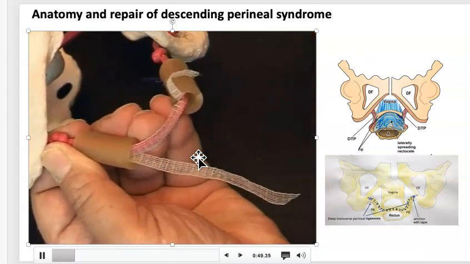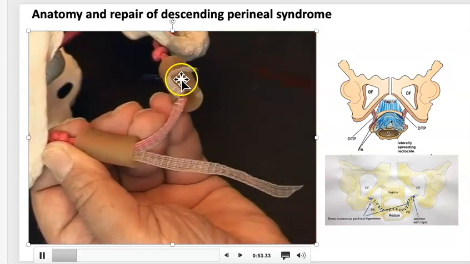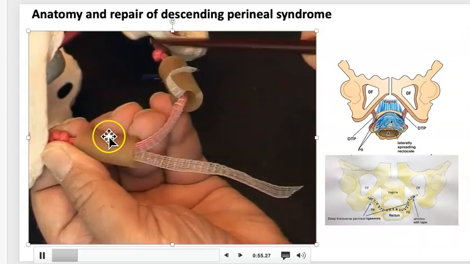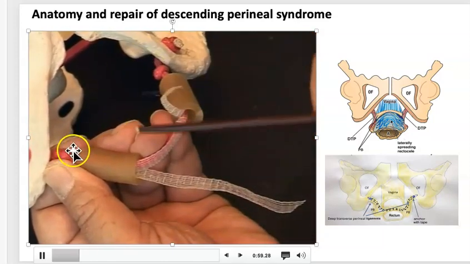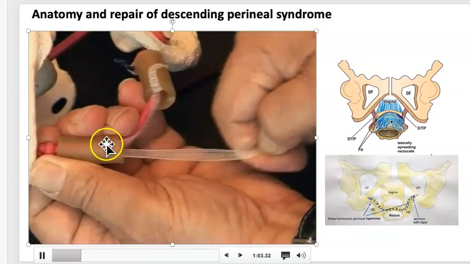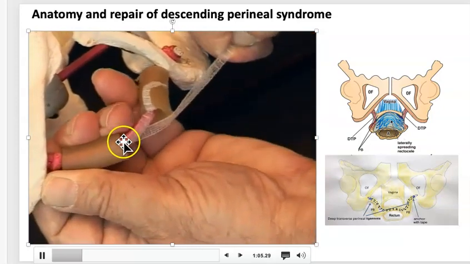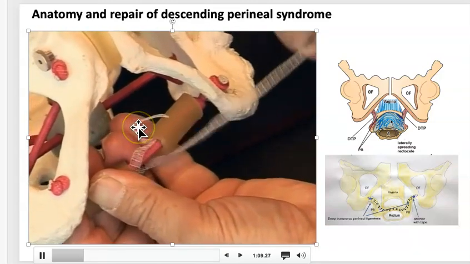The deep transversus perineal are more vertical now instead of horizontal. So we put a tape in on one side, attaching it behind the descending ramus of the pubis, and now we've got one on this side, and as we tighten it, the whole system becomes more horizontal. You can see I'm pulling it, and it's becoming horizontal.